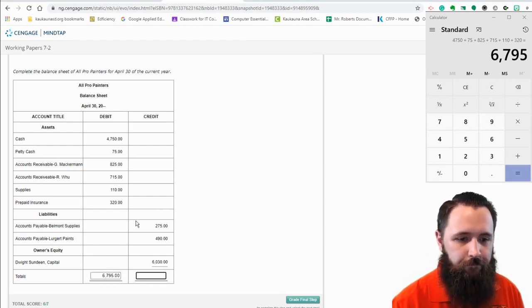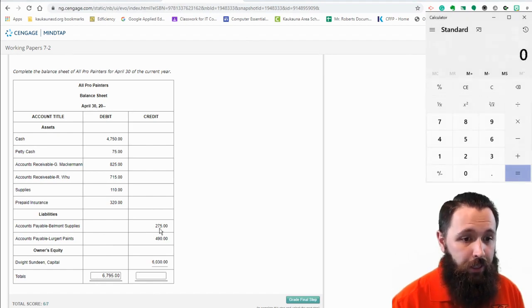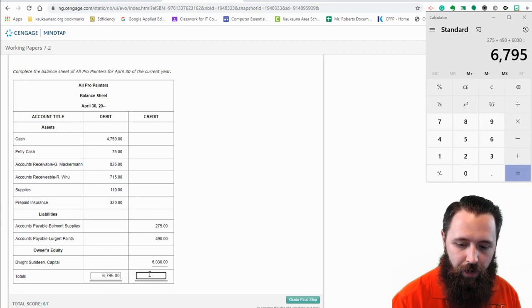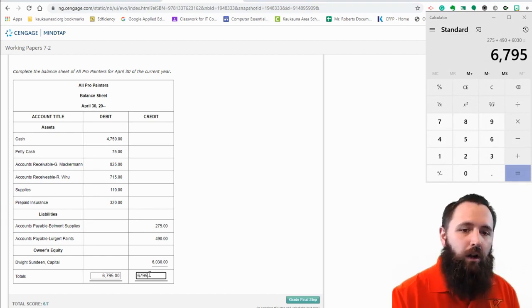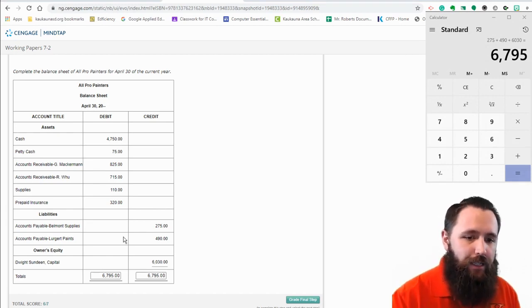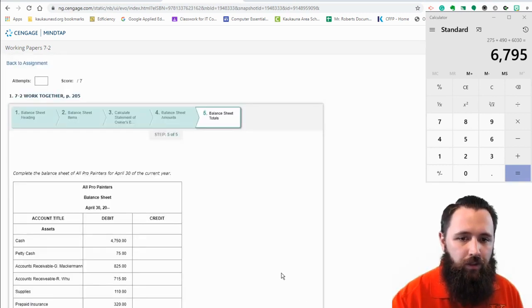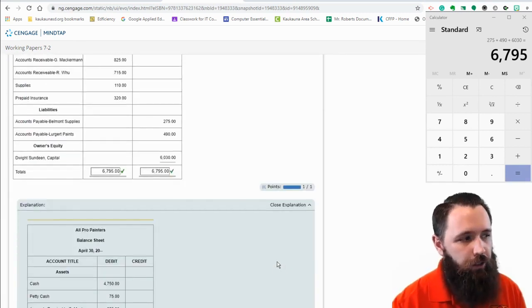Over here, let's add up our liabilities plus our equity, right? That's the accounting equation. So 275 plus 490 plus 6,030, 6,795. We now know that our assets equal our liabilities plus equity. We can grade this final step and we are good to go.